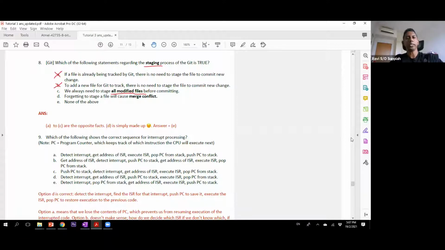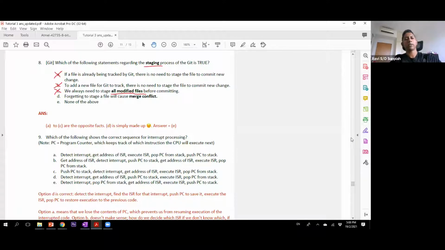So you only need to stage those files that you want to commit and then you commit. You don't need to stage all the modified files. If you stage all the modified files, that means you want to commit all of them. But it's not necessary. You can choose to stage some of the files and commit them first, and the other files you may still be working on. So this is not true.